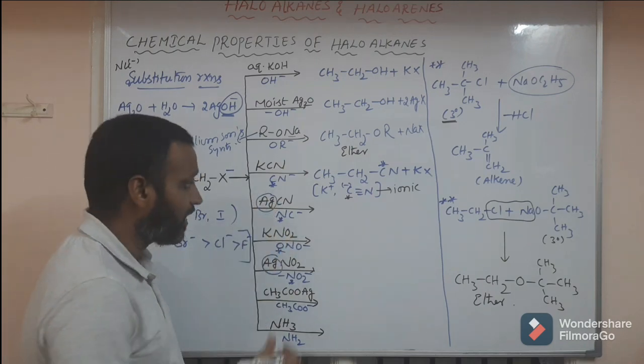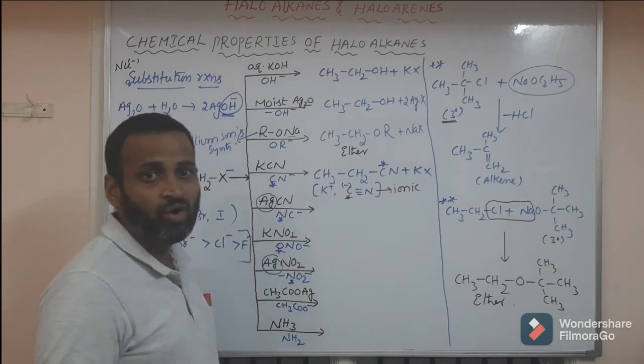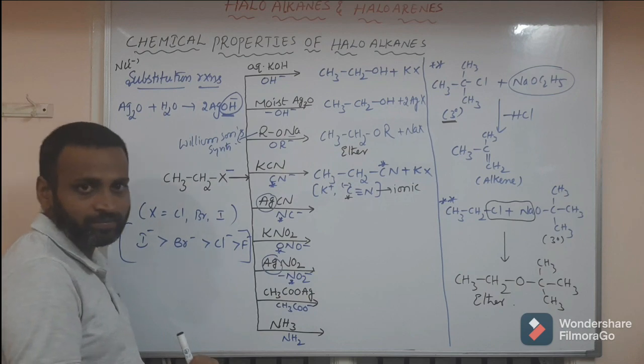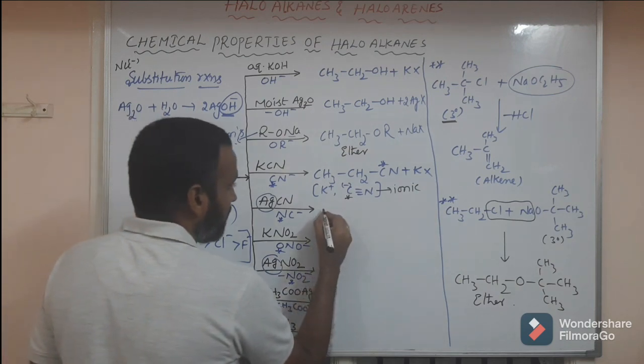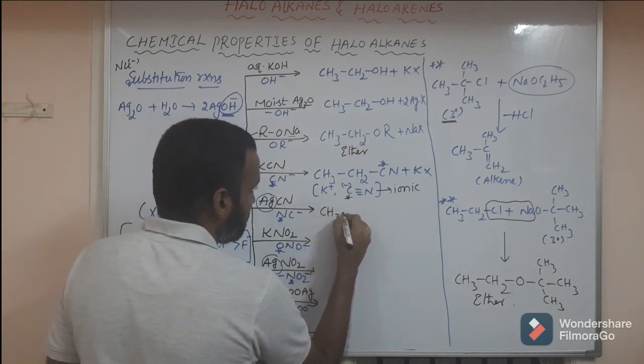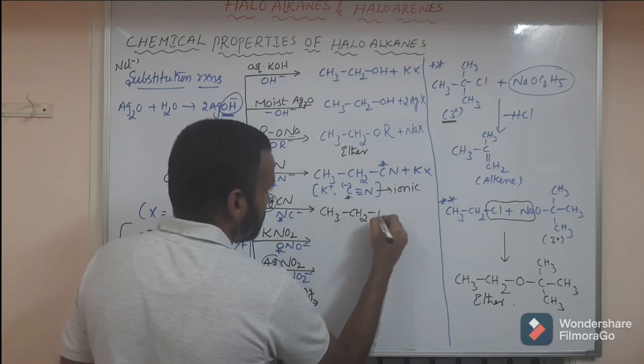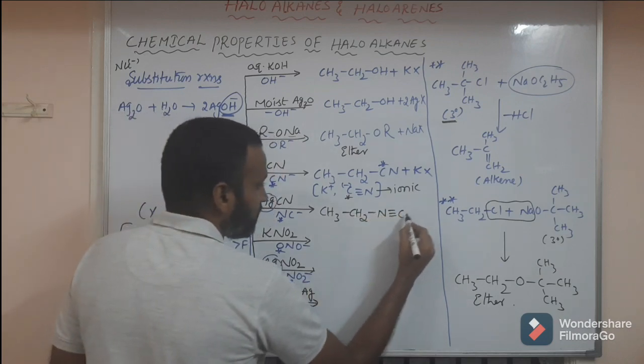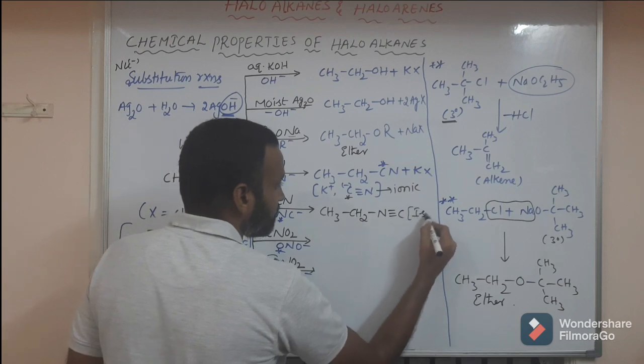That's why carbon is restricted from forming the bond, so nitrogen will form the bond with this carbon. Got it, what I am saying? So the product is CH3CH2NC, N triple bond C. So what do you have here? Isocyanide.